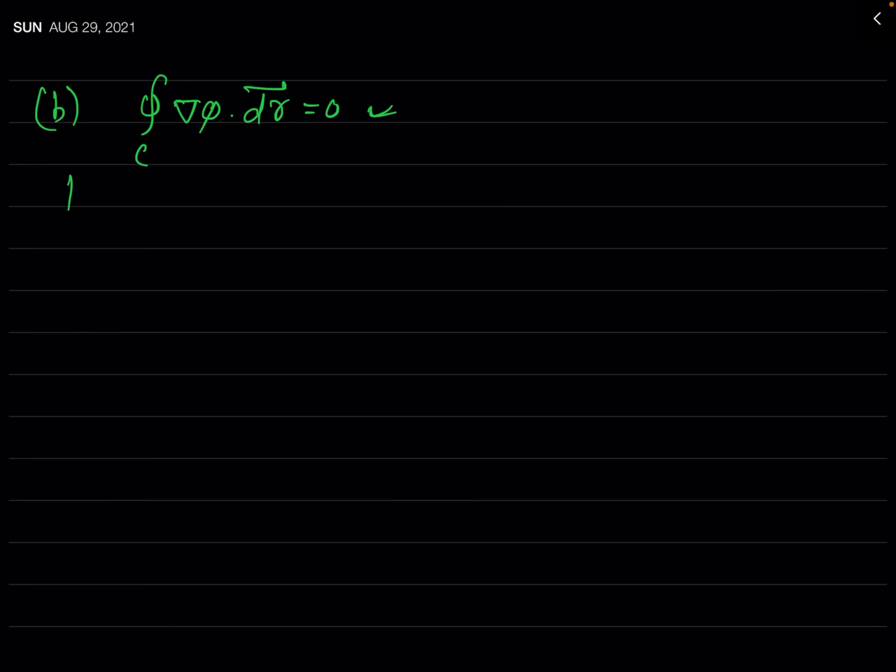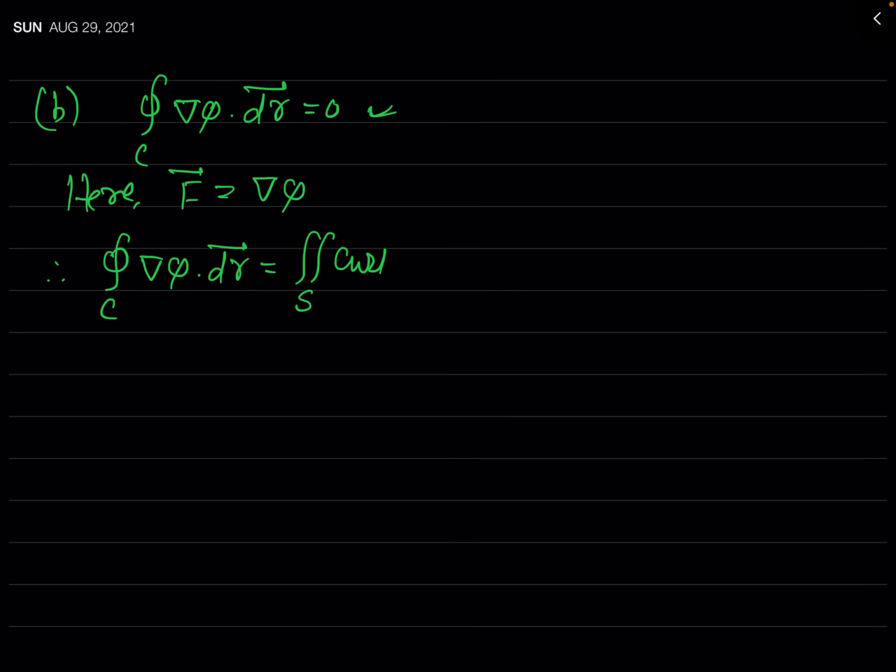So here we can say F is equal to del phi, and therefore by the use of Stokes theorem you can write integral along C del phi dot dr, this will be equal to integral over the open surface S curl of F, but F is here del phi.